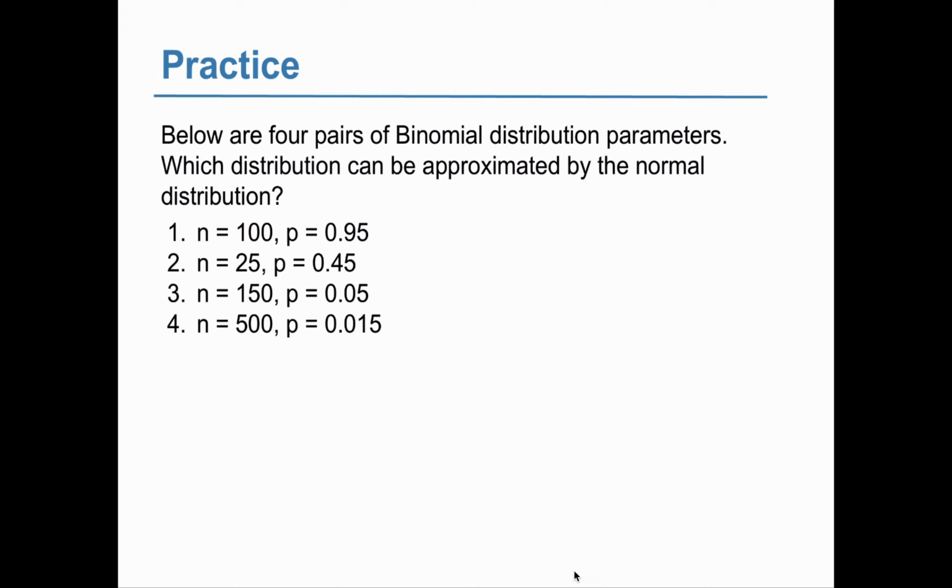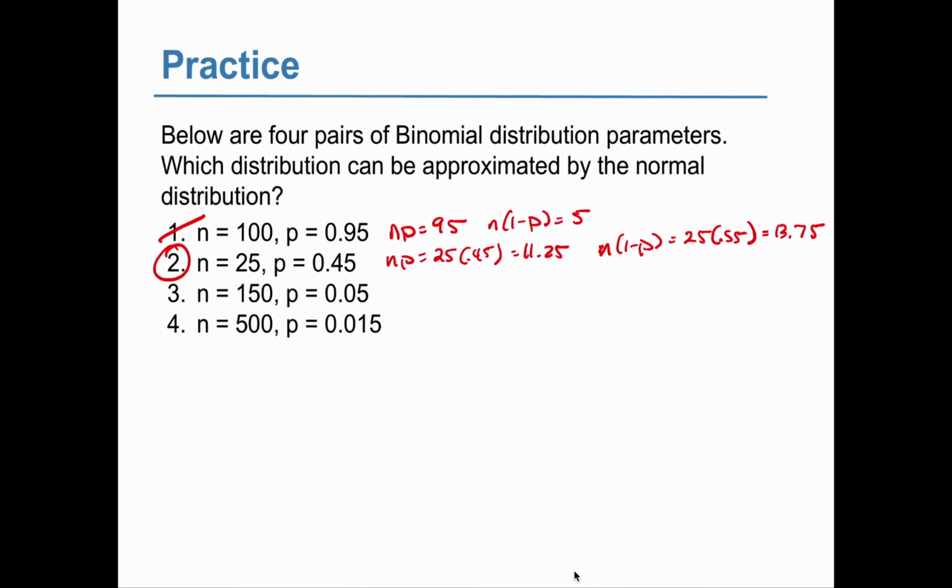Four pairs of binomial distribution parameters, which distribution can be approximated by the normal distribution? So np equals 95, n(1 minus p) is only going to be 5, so that doesn't work. np is 25 times 0.45, which is 11.25, and n(1 minus p) is 25 times 0.55, which is going to be 13.75.